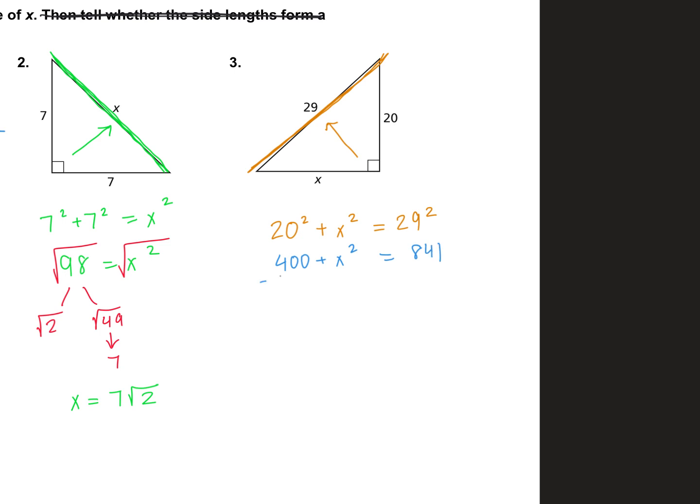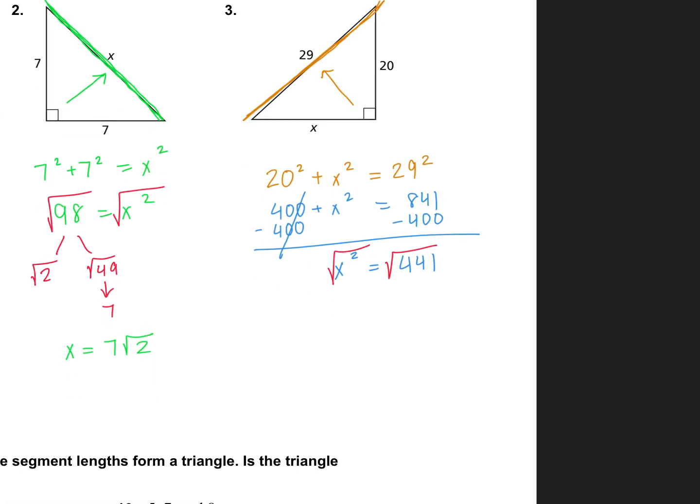Going ahead and subtracting 400 on both sides, these are going to cancel out. X squared equals 441. And then get rid of that squared by square rooting. And for this one, x equals 21 because it is a perfect root.